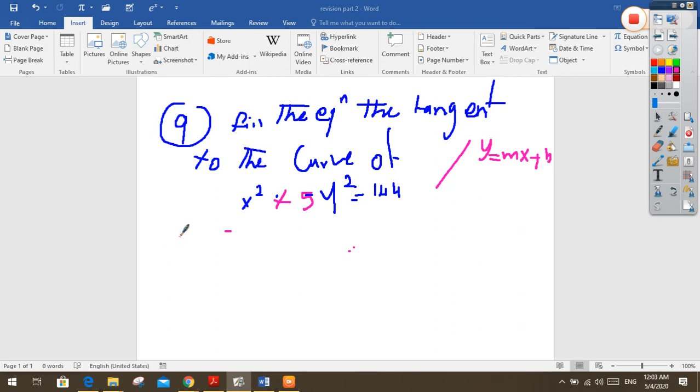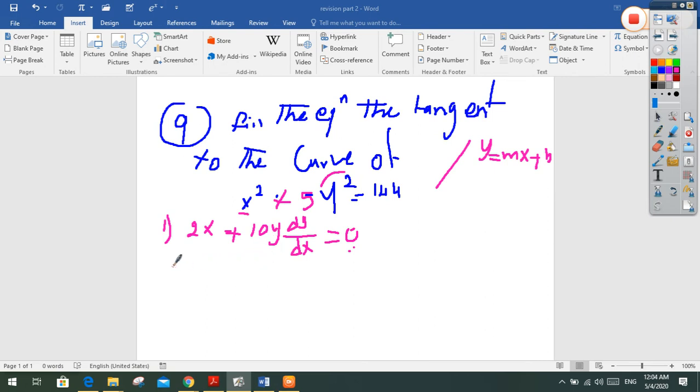We differentiate both sides. The first one: what is the derivative of x to the power 2 with respect to x? It is 2x. Plus, what is the derivative of this one? It will be 10y, but I have to write dy by dx, which equals 0.